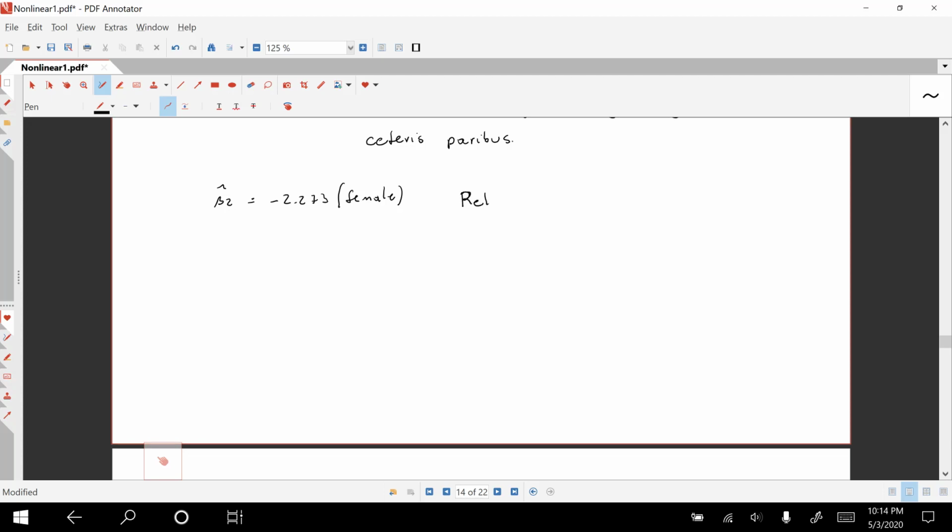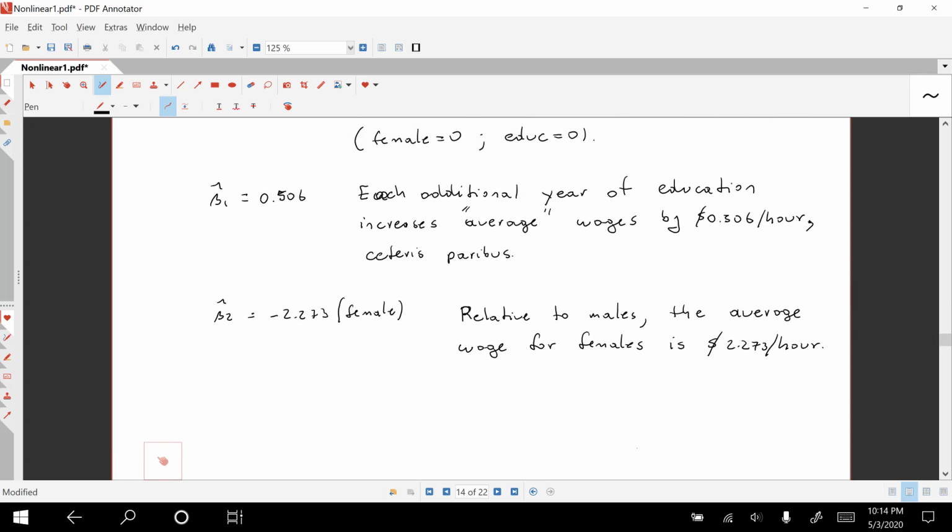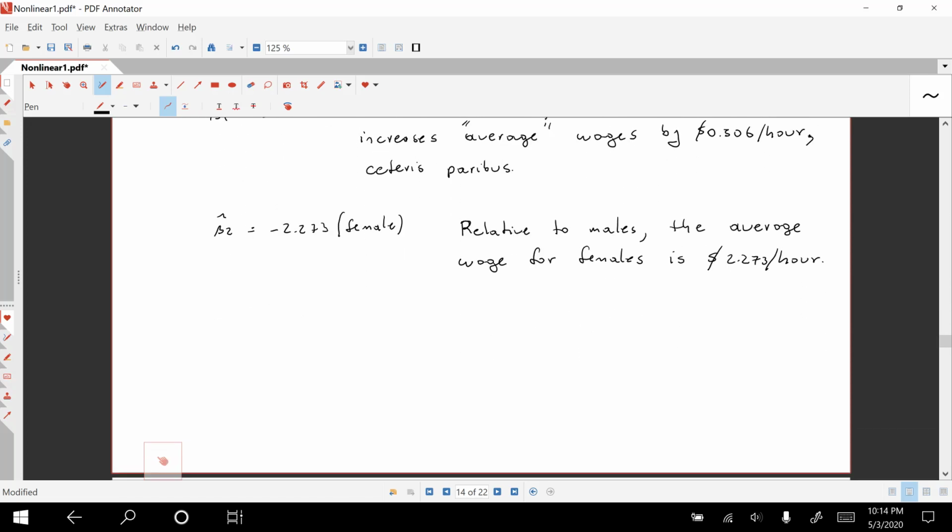So we can say that relative to males, the average wage for females is $2.673 lower per hour. That will be the interpretation, and again, this should be ceteris paribus.